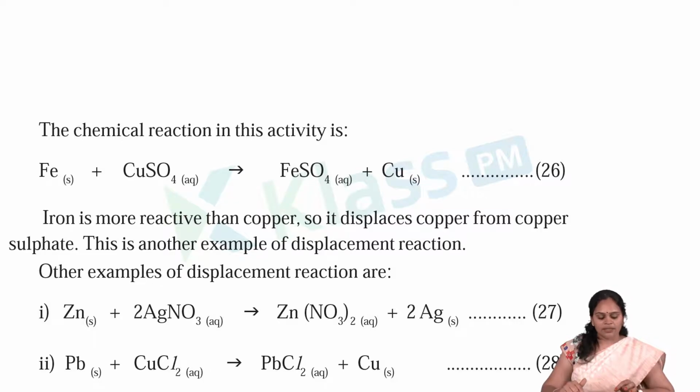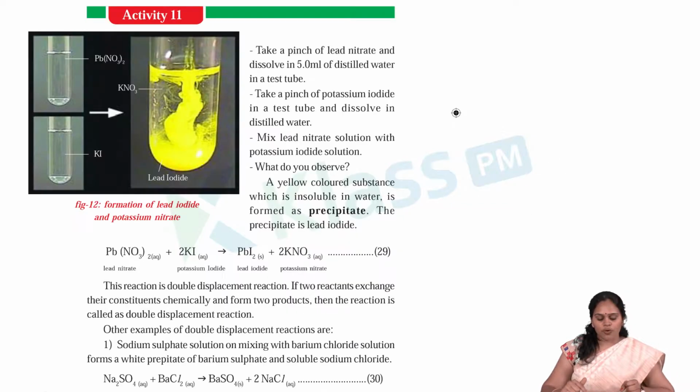Let us see another activity. Iron nails dipped in copper sulfate solution. What will happen? Iron nails and copper sulfate solutions are compared before and after the experiment. If you compare before and after the experiment, what can you observe here? The chemical reaction in this activity is Fe plus CuSO4 gives you FeSO4 plus Cu.